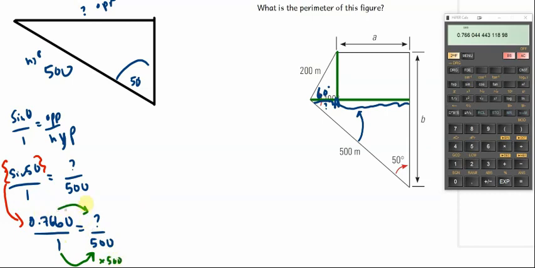So we take that number 0.76 we just got in our calculator and times that by 500. And that gives us 383. So this big length here is 383. All right, so that's this whole length here. That's not A, that's all of this part from A.